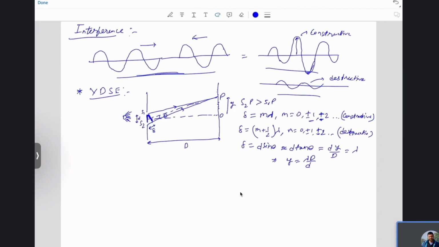And this is also the distance between two fringes, called beta. So this is a useful formula.